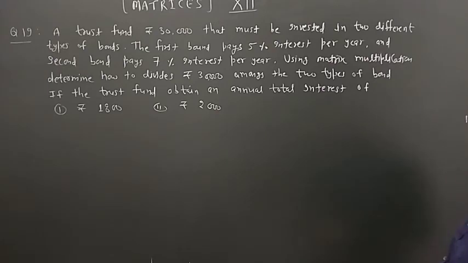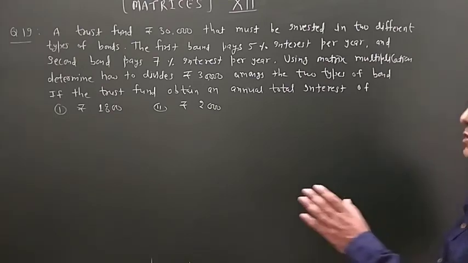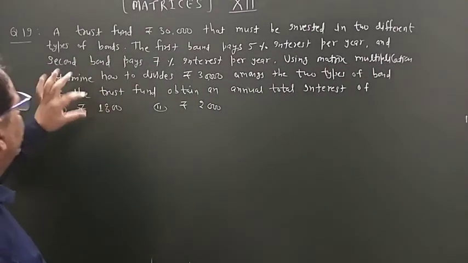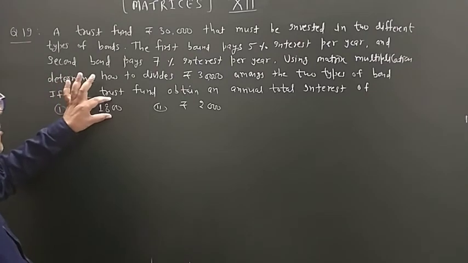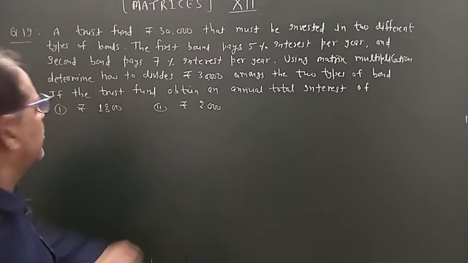Using matrix multiplication, determine how to divide rupees 30,000 amongst the two types of bonds if the trust fund obtains an annual total interest of rupees 1800 and rupees 2000. So we take only one part. There are two questions for the same category. In the first case, annual interest is 1800. In the second case, annual interest is 2000 rupees.